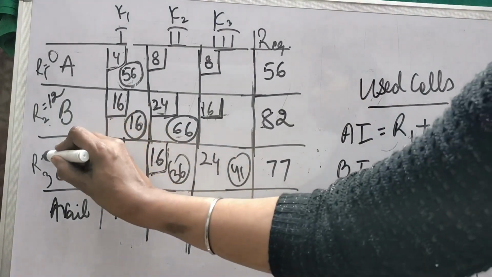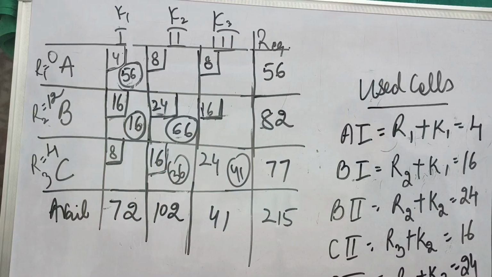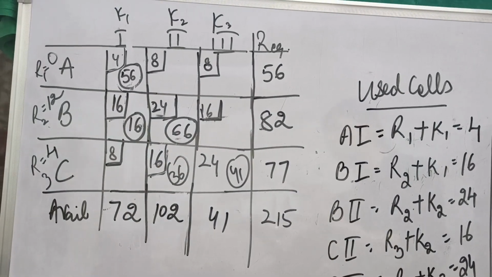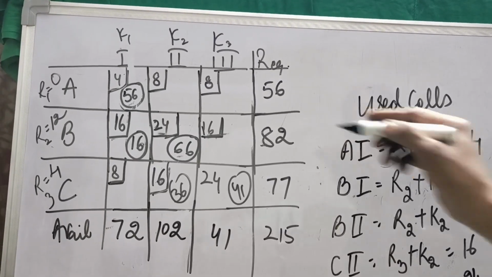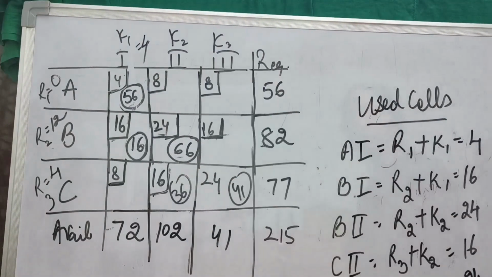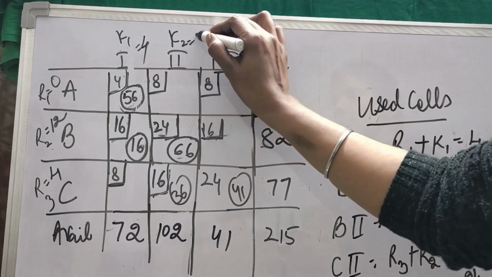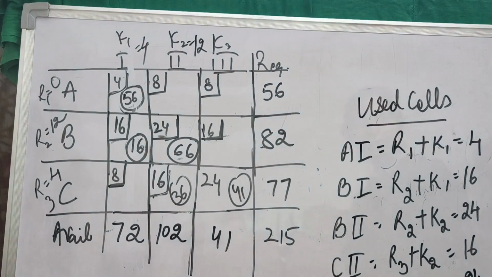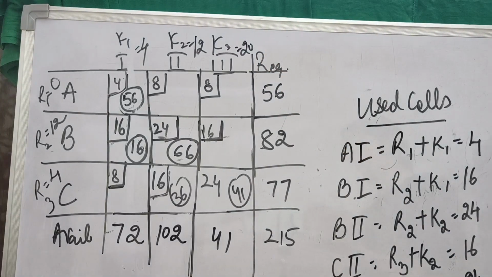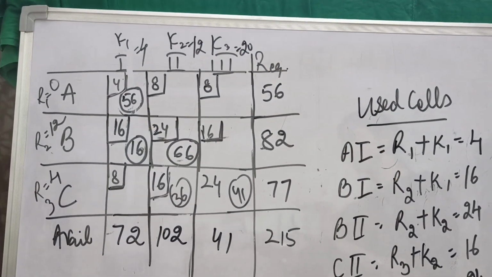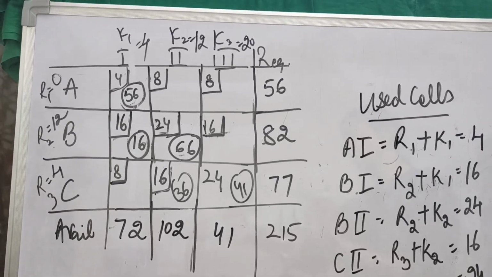R3 has come out to be 4. Write it here. Then K1, that is our column, K1 has come out to be 4. So I am writing 4 here. K2 has come out to be 12. So this is 12. And K3 has come out to be 20. So we have put the values like this. Whatever calculations you have done, just put those values over here.